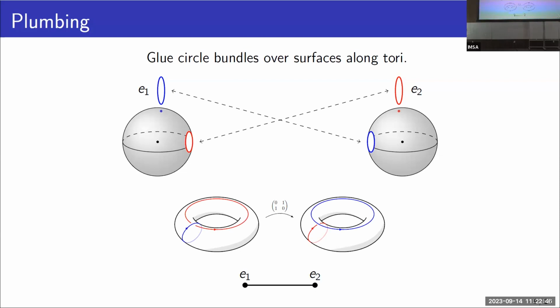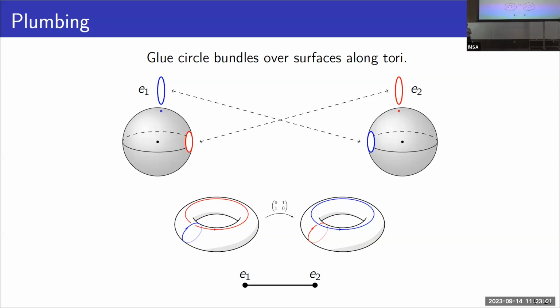And yeah, so you use this 0, 1, 1, 0 matrix, and this gives you some interesting 3 manifolds, and those are exactly the 3 manifolds which come from the links of singularities.